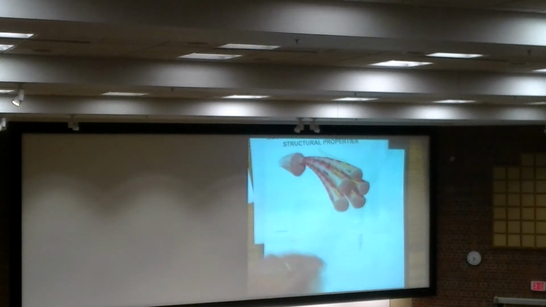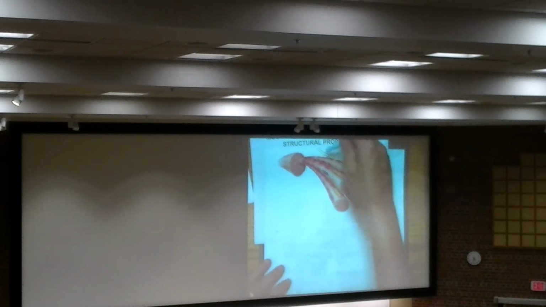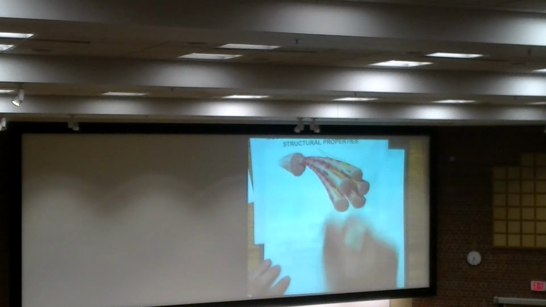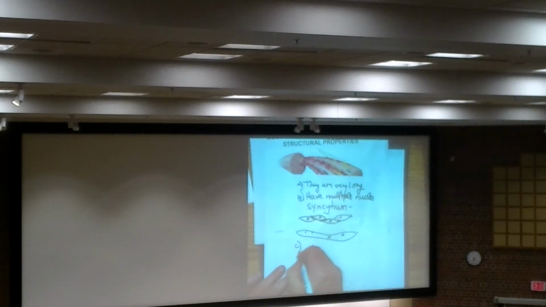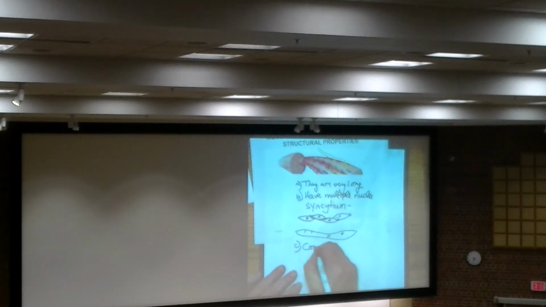And another interesting characteristic of these myofibers, if you look at this carefully, is that they each make contact with the nervous system. Each single cell in the muscle, each myofiber, contacts a nerve cell.